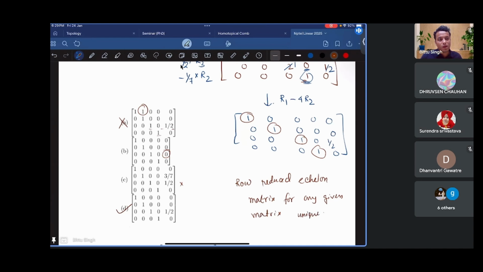Though for row echelon matrices there can be many possibilities because we can do many other operations, we'll get similar kinds of rows.